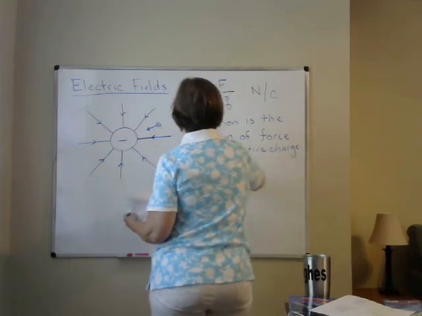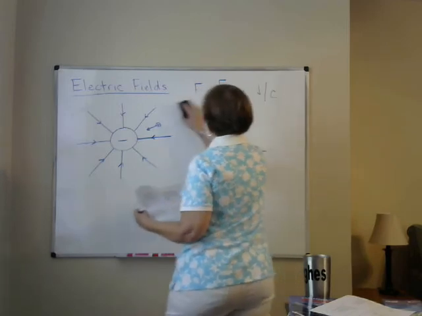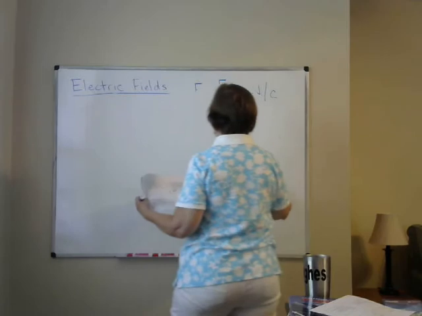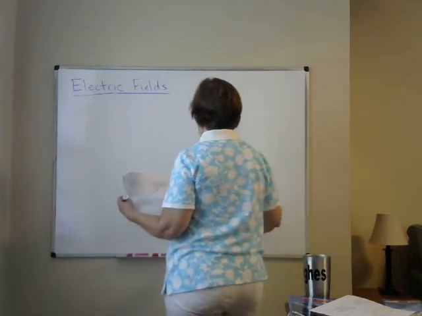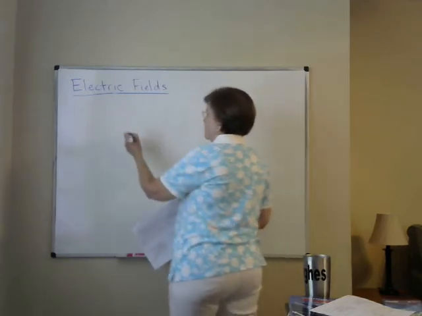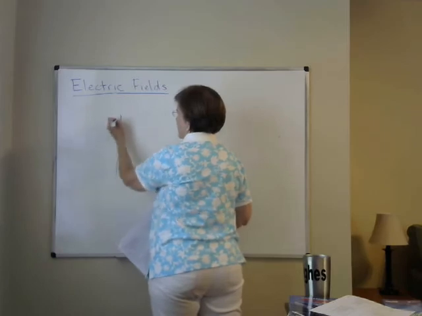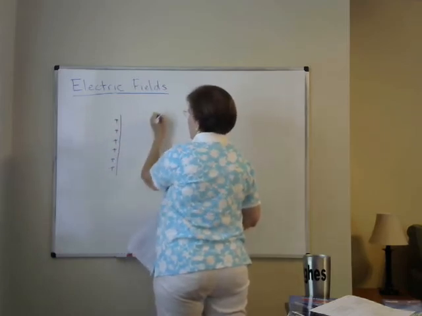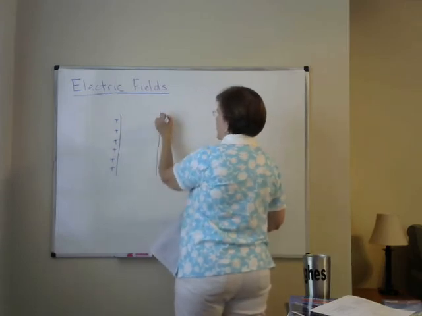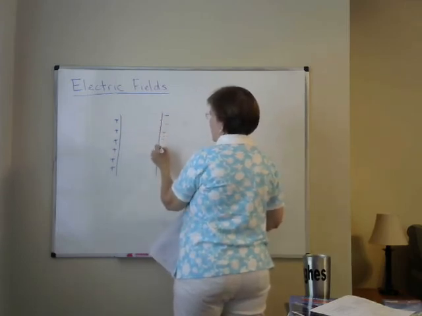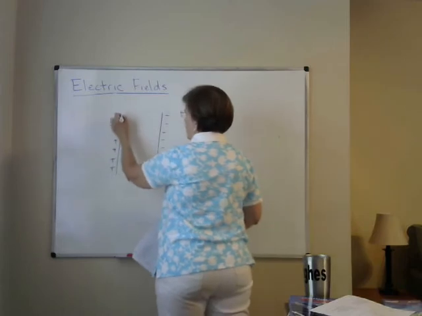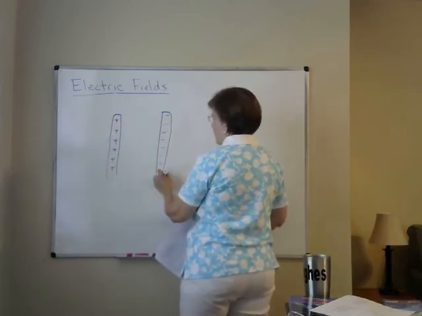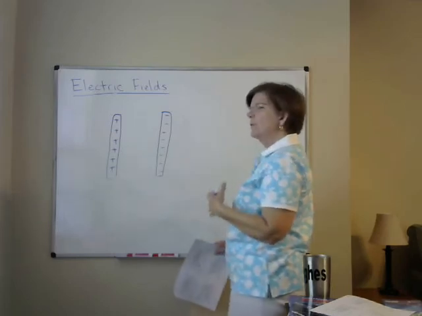Let's just do one more picture, just to give you an idea of what electric fields might look like in other situations. If you had two plates, a positive plate over here and a negative plate over here, think about what the direction would be if you were a positive charge.